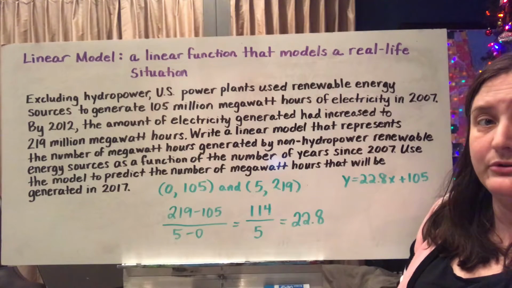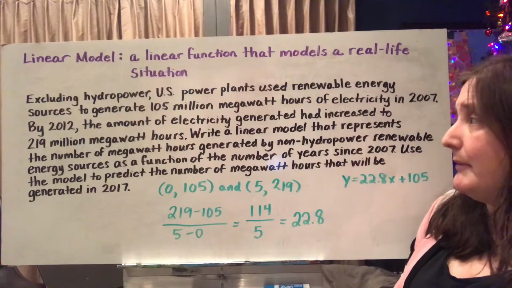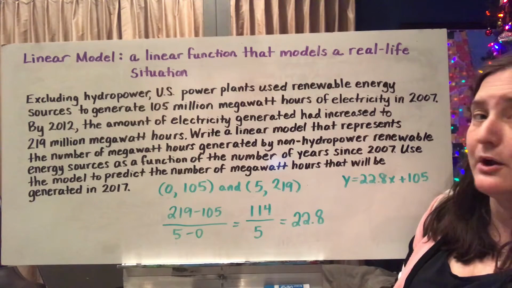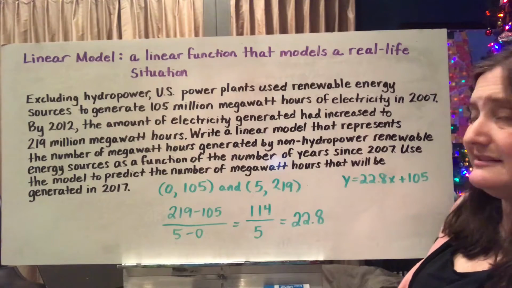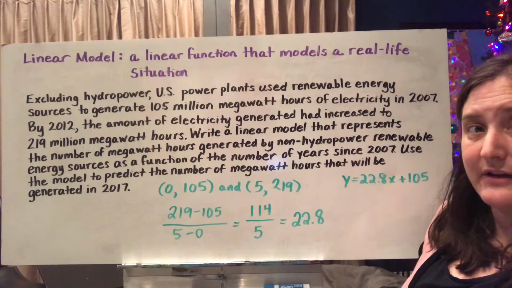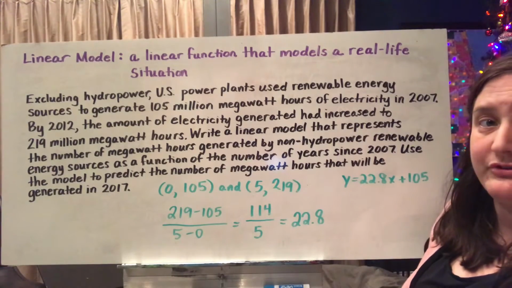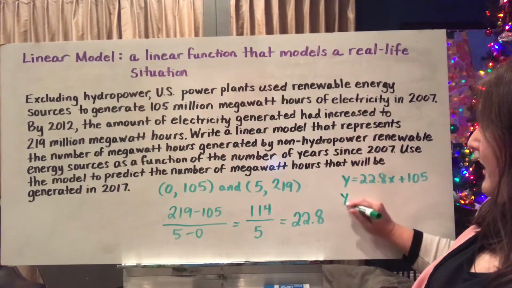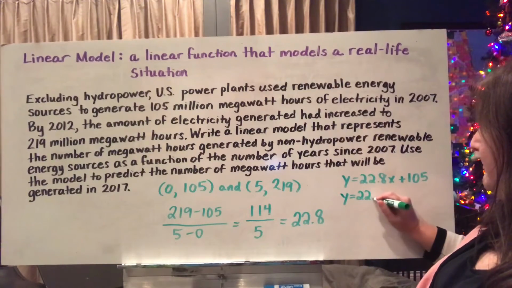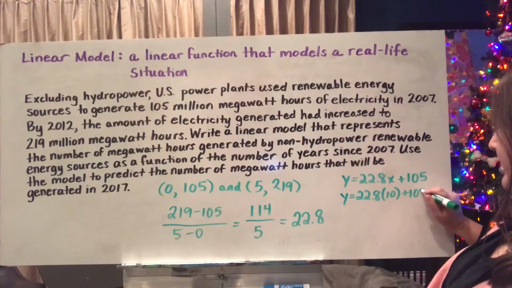Now we're going to use that to predict in 2017 how many millions of megawatt hours of energy they're going to generate. Well, 2017 is 10 years after 2007. And remember, 2007 was year 0. So I have to plug 10 in for my input. So y equals 22.8 times 10 plus 105.